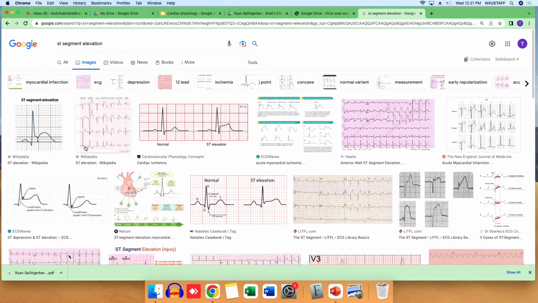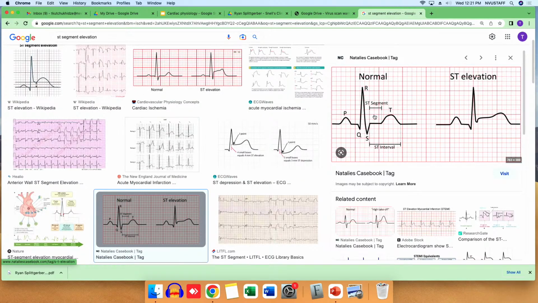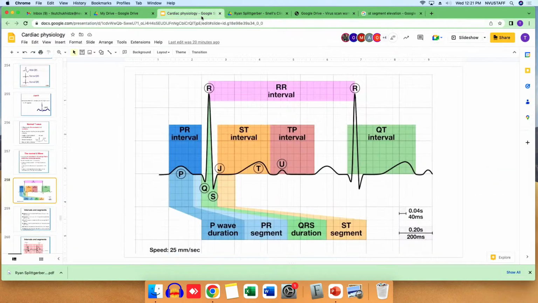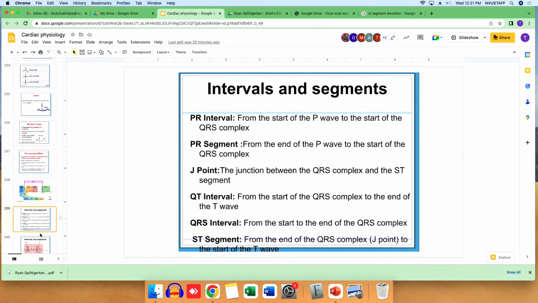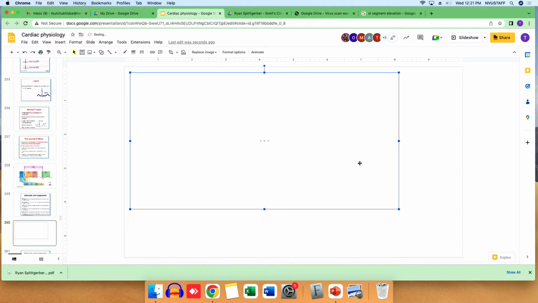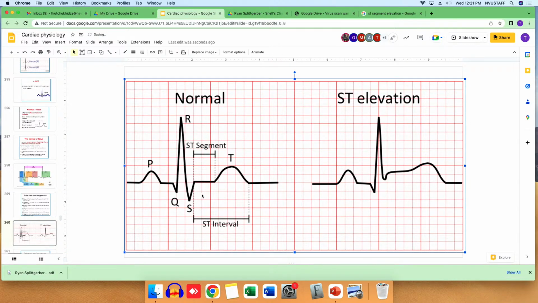For example, see, this is our normal ECG, right? I will just put it there to make it bigger. As you see here, this is our normal ST segment, right? And it should be on the isoelectrical line.